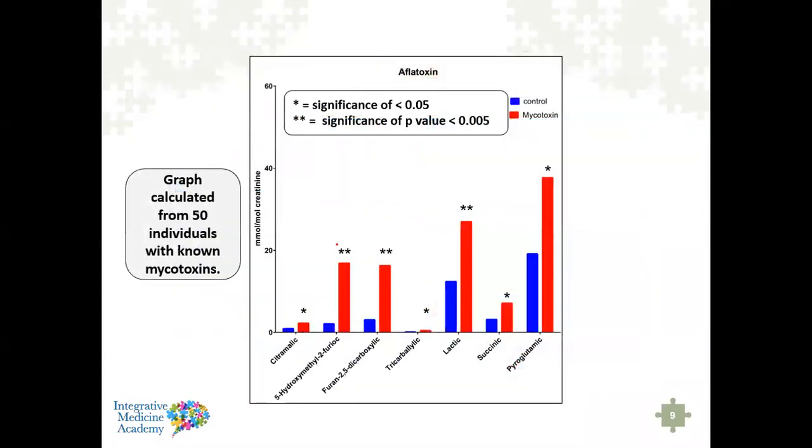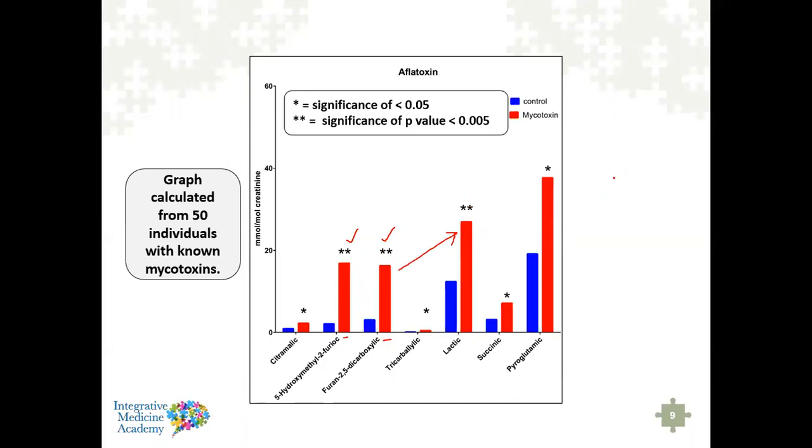And this is, again, one of those things that the lab has seen over the years, is that those who have Aspergillus or other mold exposure, okay, these two here seen on page 1, the 5-hydroxymethyl-2-furoic and the furan-2,5-dicarboxylic, are linked to Aspergillus exposure in the gut. And when there is mold present, there's a very good chance that there might be elevated lactic acid, because the mold is producing mycotoxins. The mycotoxins are causing interference in the body.